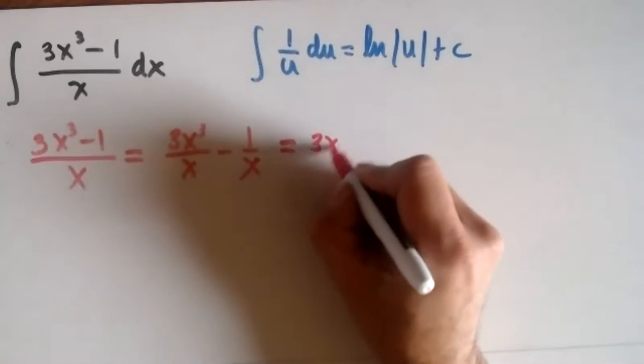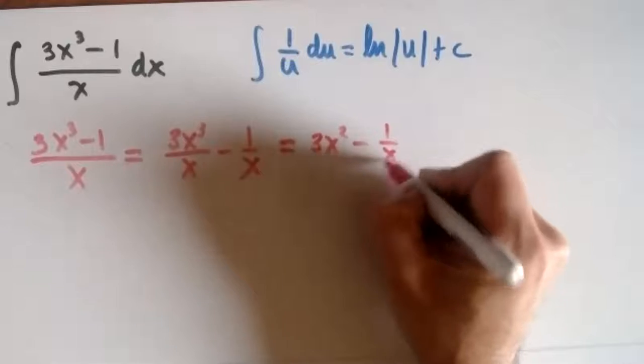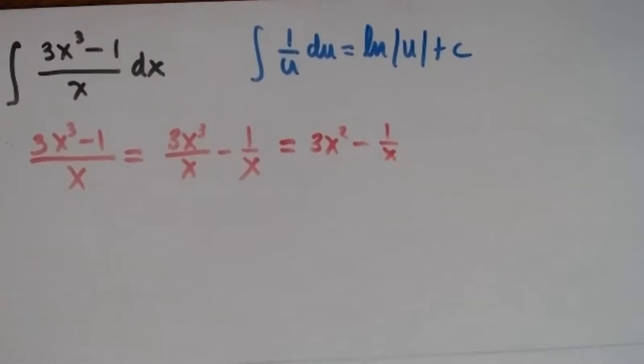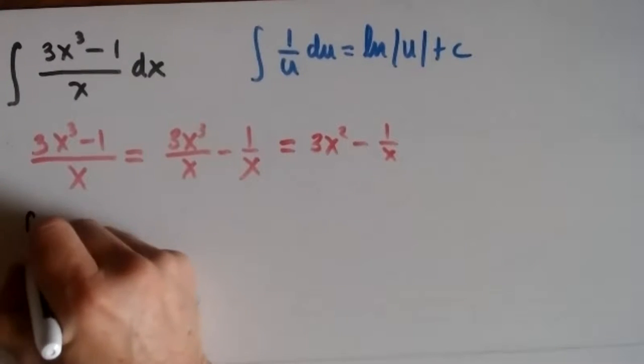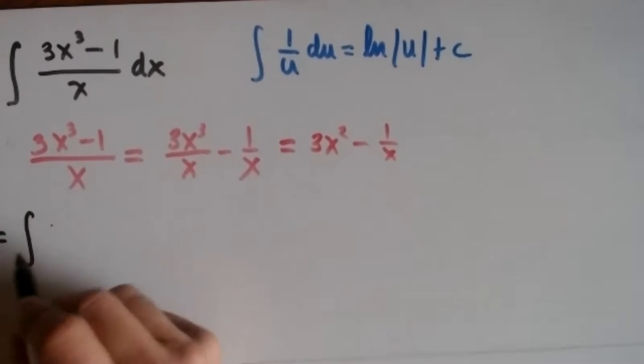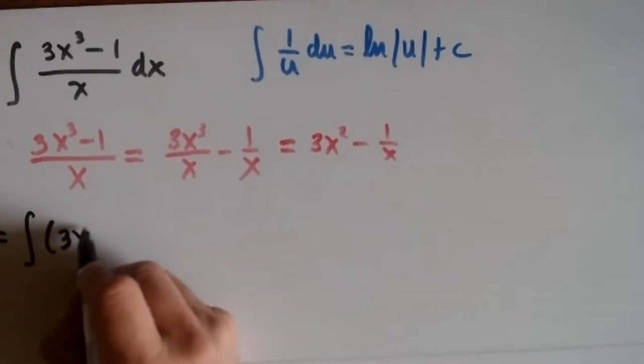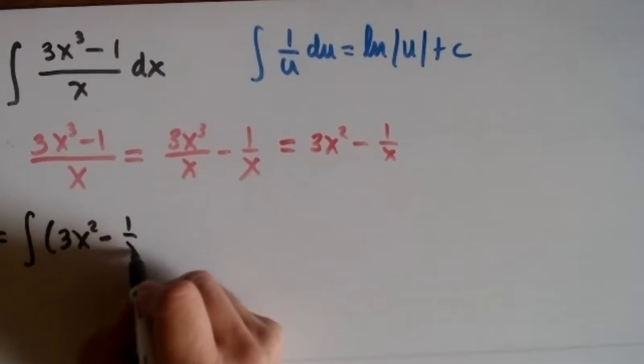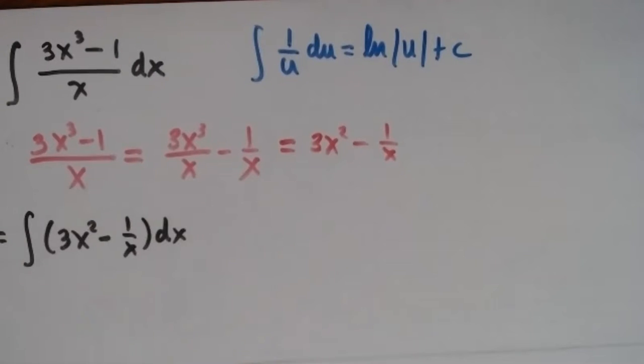It's going to be 3x squared. And the last one is the same. So my integral is going to be the integral of 3x squared minus 1 over x dx, correct? So I split this single fraction into simple ones.